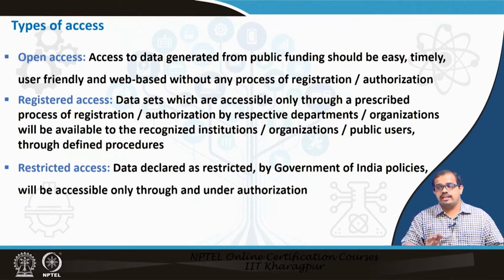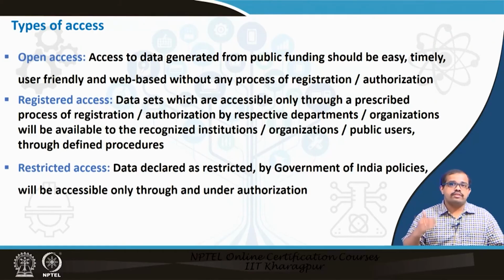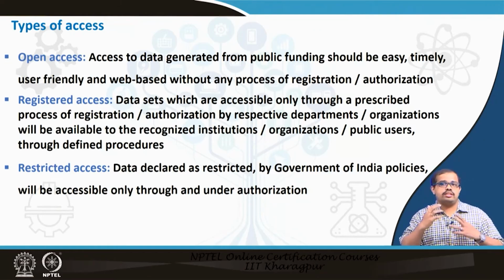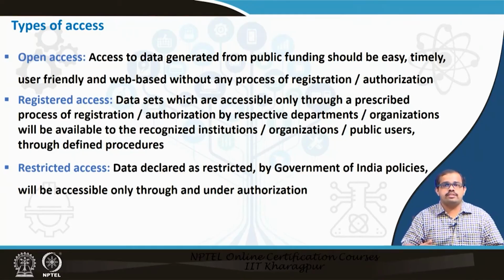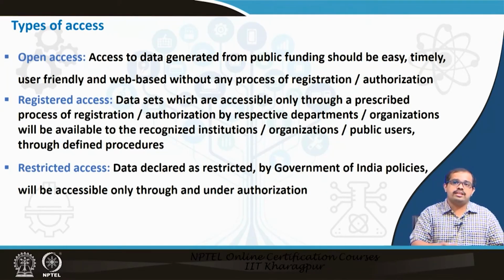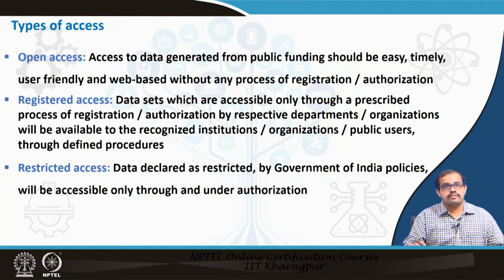So any data that is generated by public funding should be available to the public without any authorization or registration. Now it has to be web based. When the beta policy was first proposed, web based was there, but now it defines very clearly that it has to be web based. Okay.